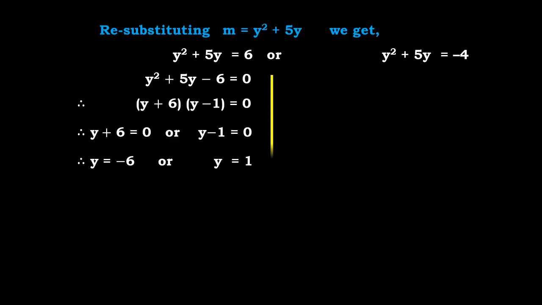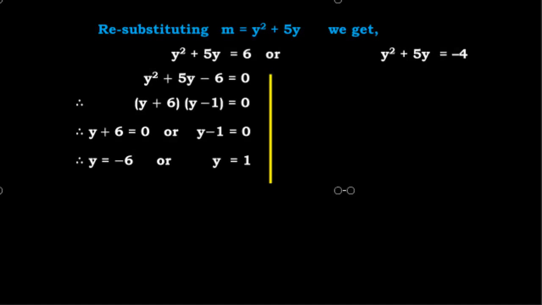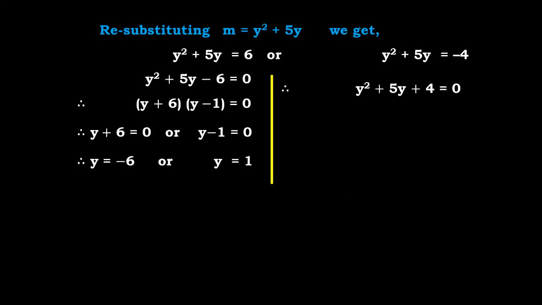Similarly we can solve this equation. y square plus 5y is equal to minus 4. So we have y square plus 5y plus 4 is equal to 0. You can factorize this 4 as 4 into 1. So we can write factors y plus 4 into y plus 1 is equal to 0.